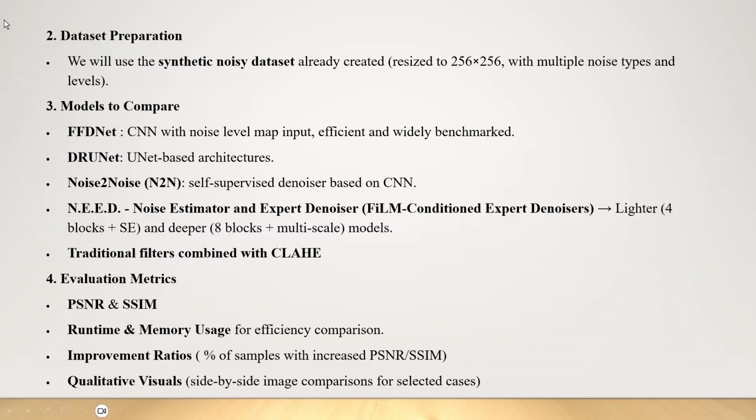For this, I am using the same noisy dataset used in the previous study for training the two models. We already have two noise estimator and expert denoiser models, one is the lighter one, which contains four blocks, and the other is the deeper one.